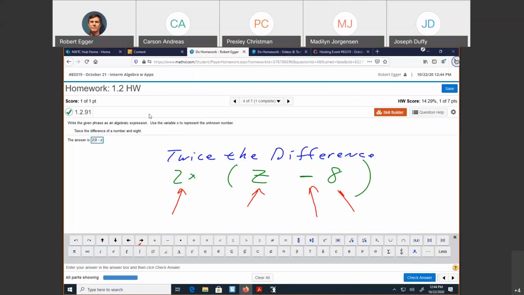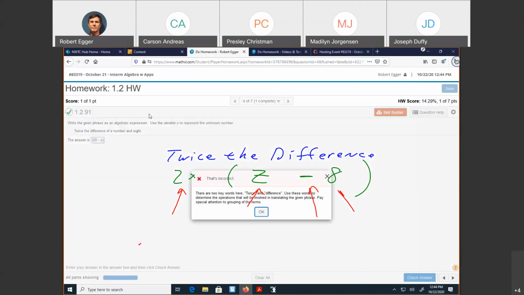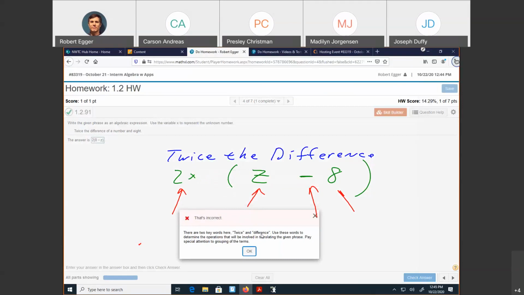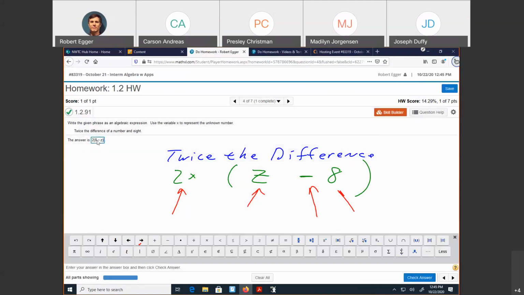Curiosity, try this one. So we do 8 minus z, twice between 8 and a number. What's the hint? There are 2 key words, twice and difference. Use these words to determine the operation that will be involved in translating a given phrase. Pay special attention to their groupings. Z minus 8. See, that works.